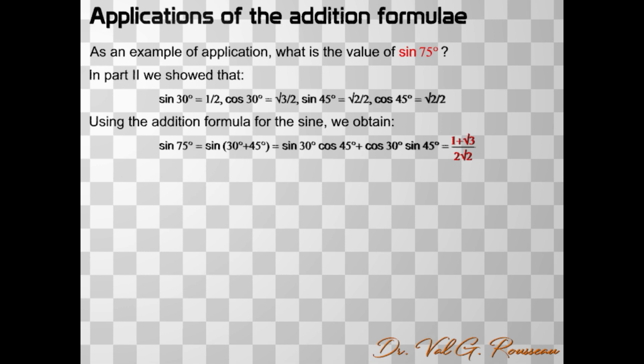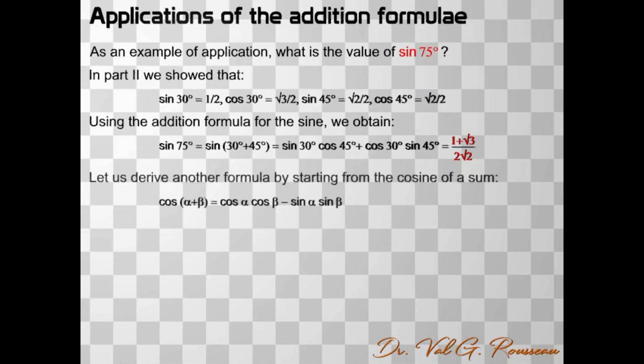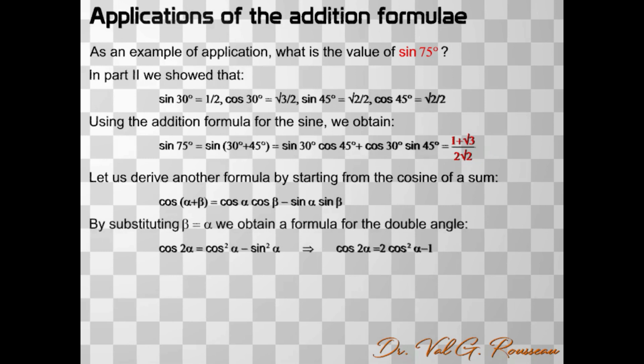For us to be able to determine the trigonometric functions for any angle, we need another formula. Let us start from the cosine of a sum. If we substitute beta equals alpha, we obtain a formula for the double angle. The result is easily expressed exclusively in terms of cosines by replacing sine square by 1 minus cosine square.